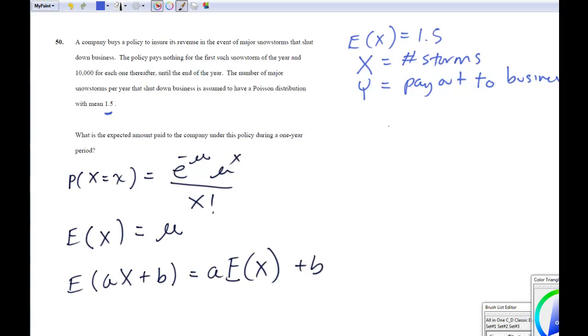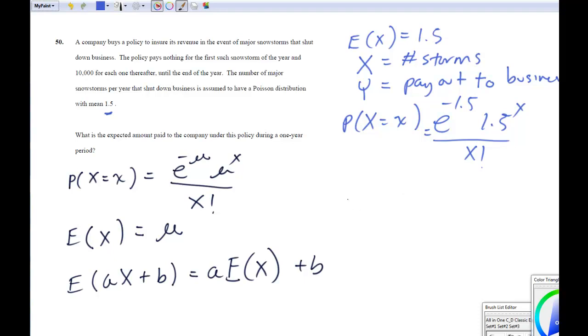So the mean is given, it's 1.5, which means that our PDF should be e to the negative 1.5, 1.5 to the x all over x factorial. And I think that is all we need for now.